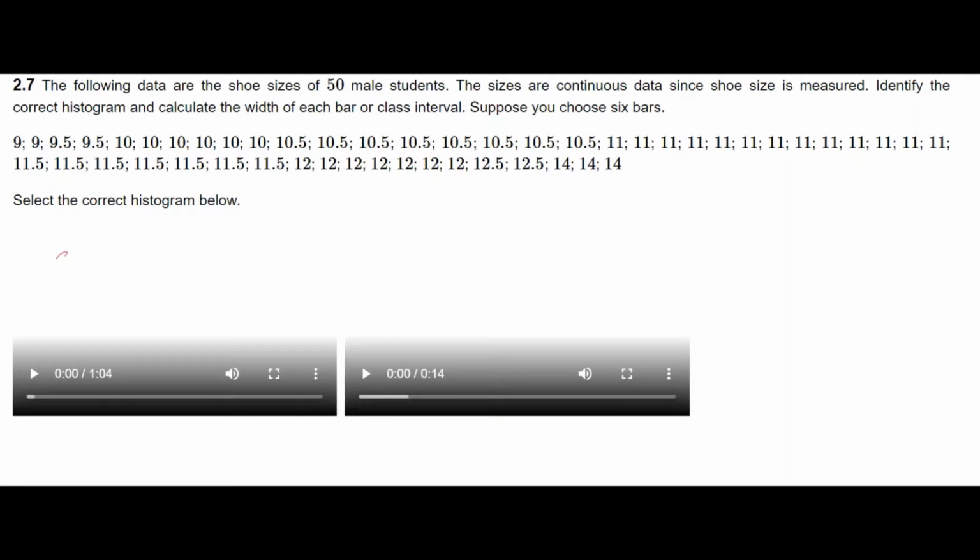Okay, so the starting point would be to first identify a convenient difference to adjust the starting point, because the data starts from 9, so we have to give a margin of a few decimal points before 9 and after 14.